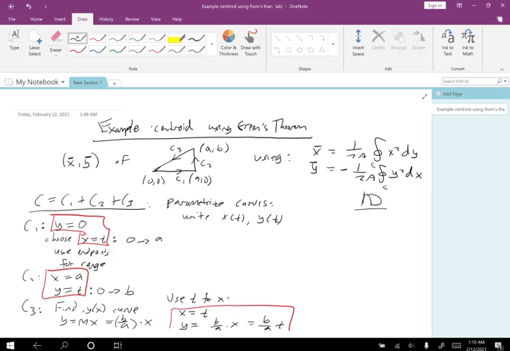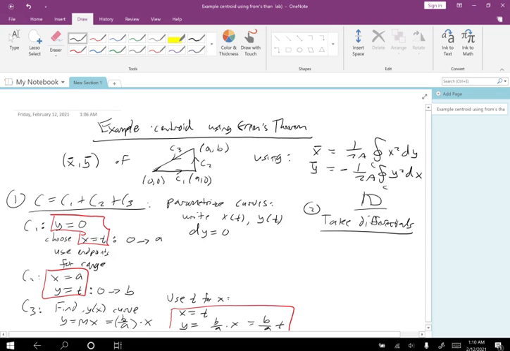Now I'm going to take differentials. This is step 1; I think step 2 is to take differentials, because we need to integrate something. So dy is 0 and dx is dt for C1.